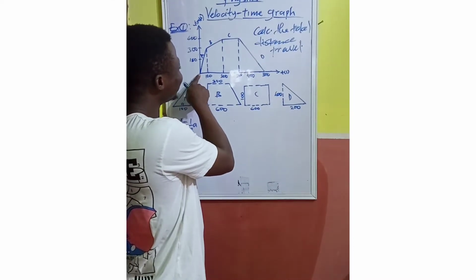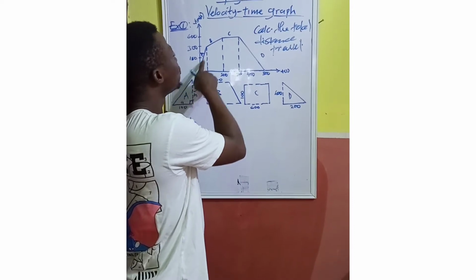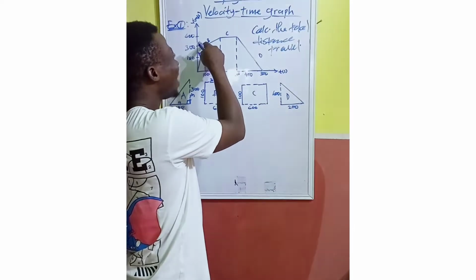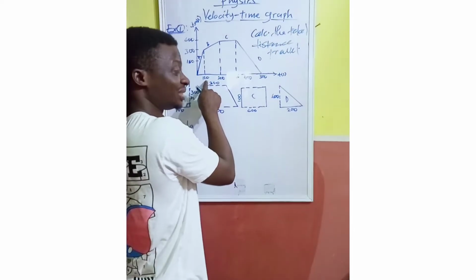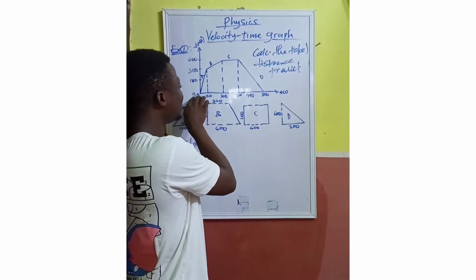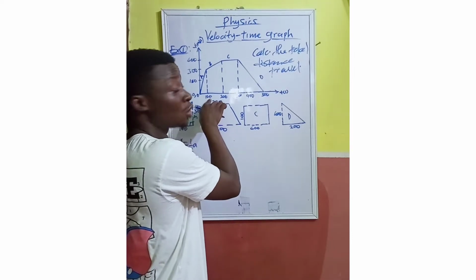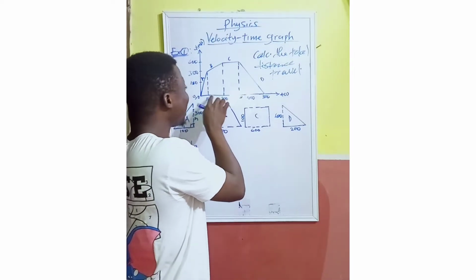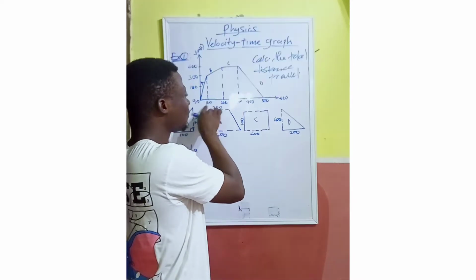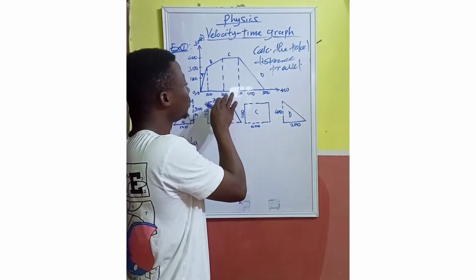The object takes off from this point and moves with an acceleration to attain this velocity of 300 at time 100. That is, the origin is 0. Between this place and this place, we have 100, and the time taken from here to here is 200.